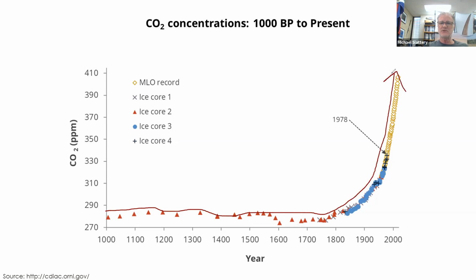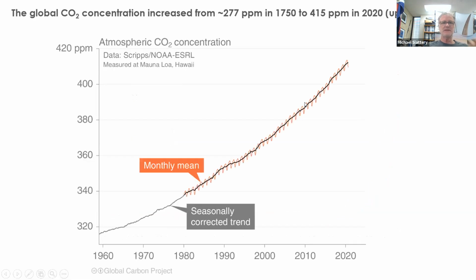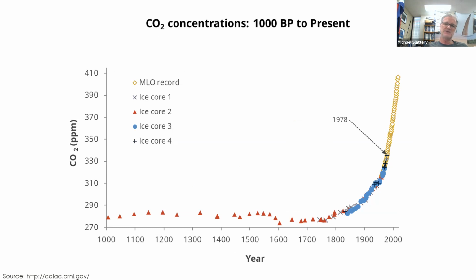This is often referred to as the hockey stick, or the J curve in carbon dioxide concentrations. Incidentally, 1978 is just singled out here because the ice core data plots really well on top of the Mauna Loa record, right? So again, as we go back, that's the Mauna Loa record from 1958. This is the Mauna Loa record and the ice core data from Greenland going back 1,000 years.